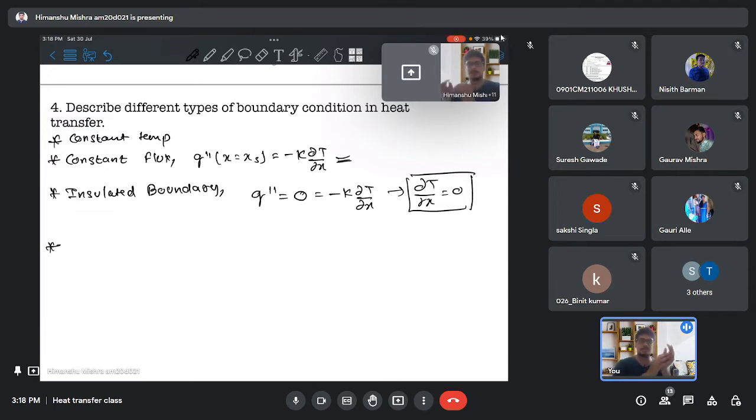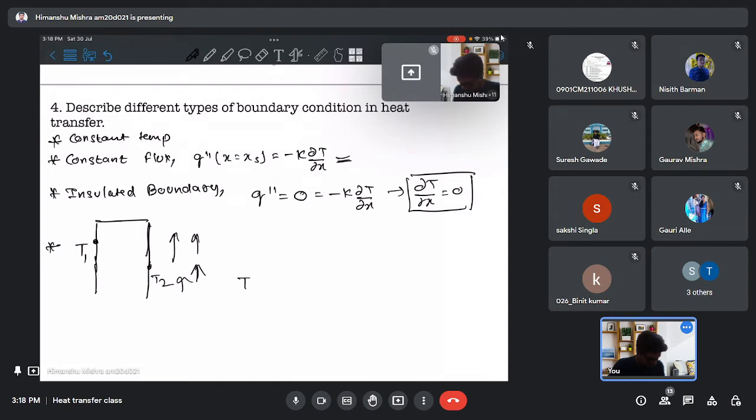Similarly, there might be cases when conduction and convection are present together inside the problem. For example, let's say I have a slab. I can define the temperatures here, T1 and T2, and there is a flow along the slab, and here the temperature is T infinity. So here there will be two modes of heat transfer.